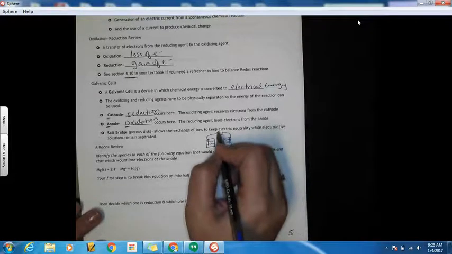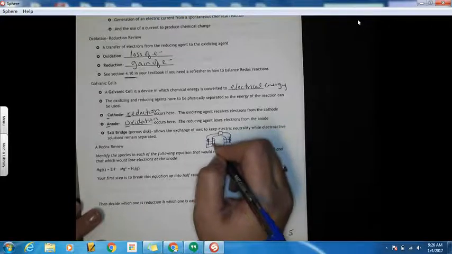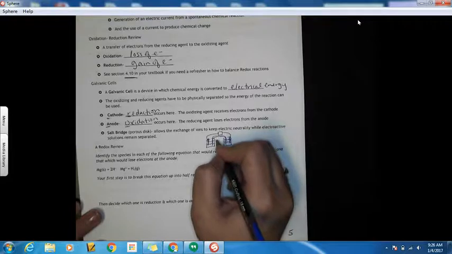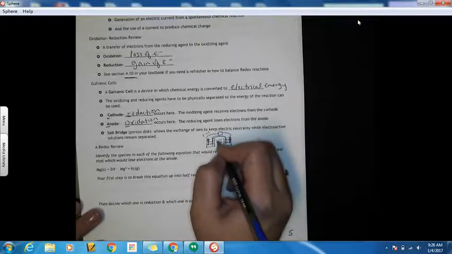You have your solutions, you have some electrodes, and the electrodes are connected to a wire, which is then hooked up to a voltmeter to measure that voltage. And then the salt bridge connects the two solutions, and you have the flow of ions here, and you have a flow of electrons here.